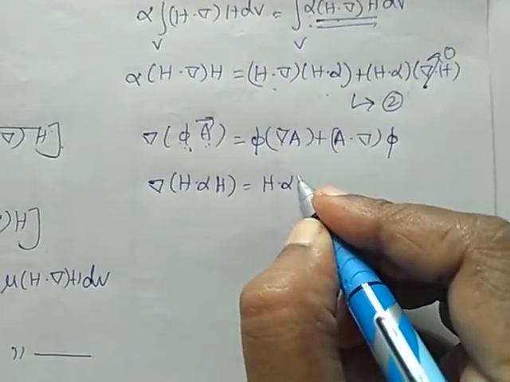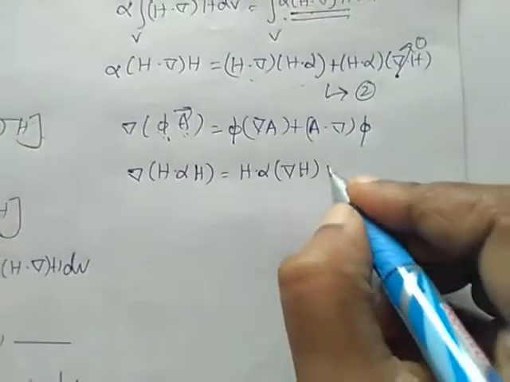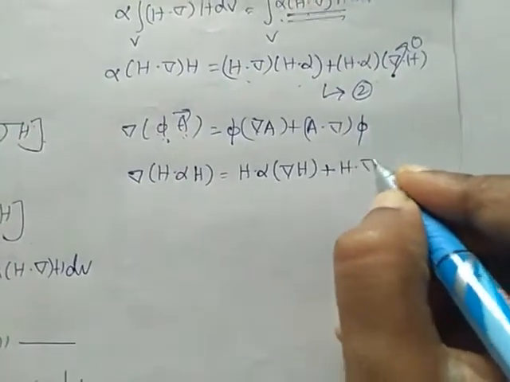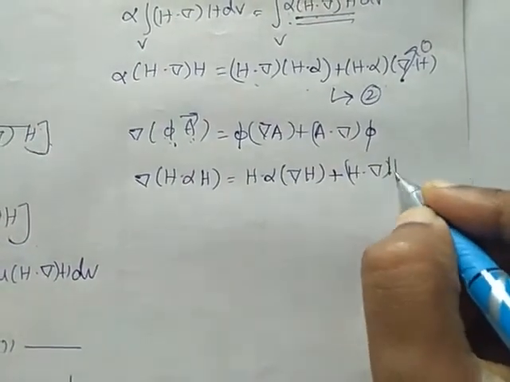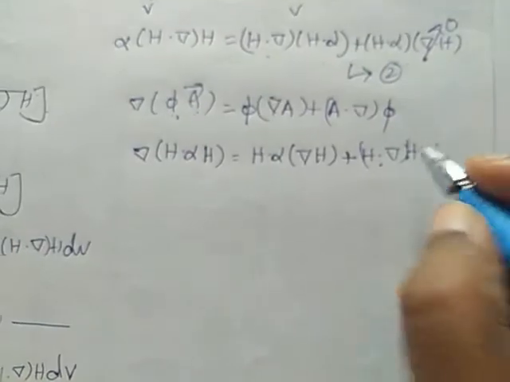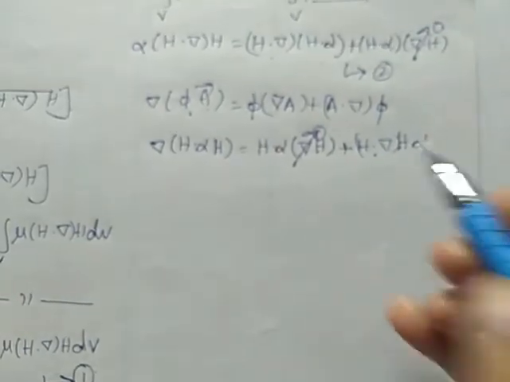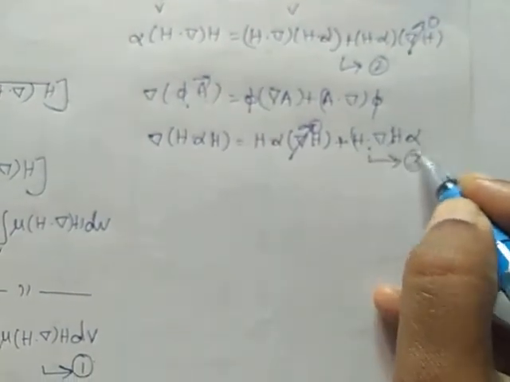So this equation becomes this form. Again using the solenoidal property, del dot h is equal to 0. If we notice this equation, I'll take this as equation 3.